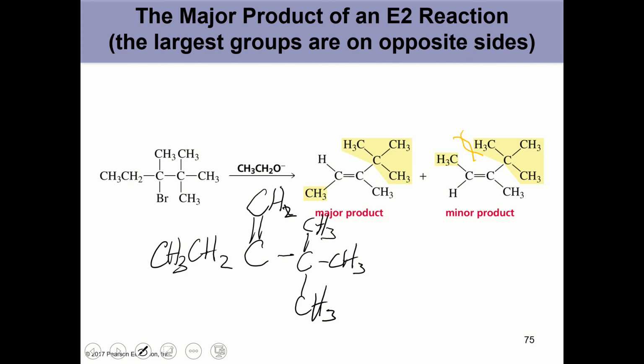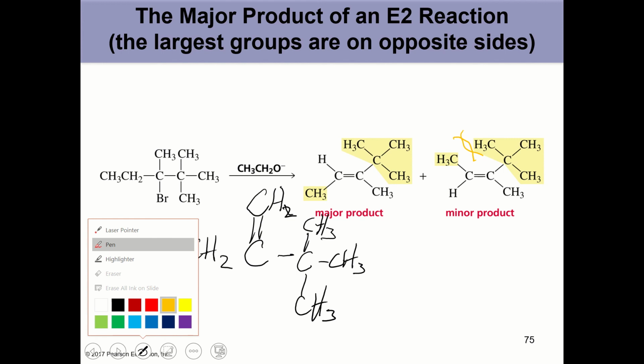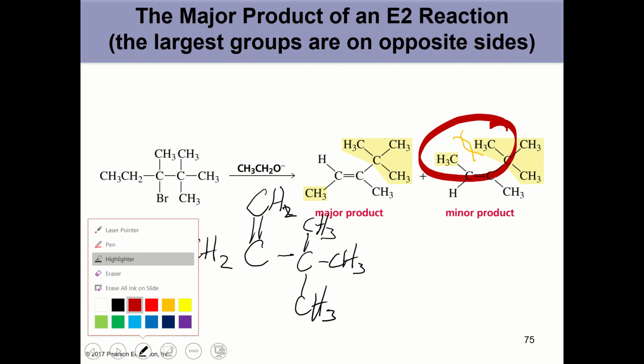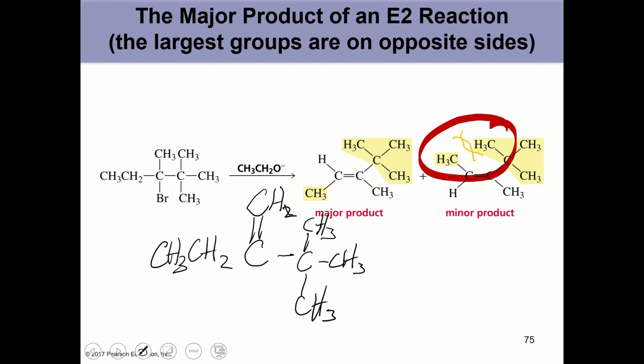Atoms encroaching in other atoms' electron clouds is less stable and referred to as steric strain. So the steric strain for the Z isomer is much larger than the steric strain for the E isomer.